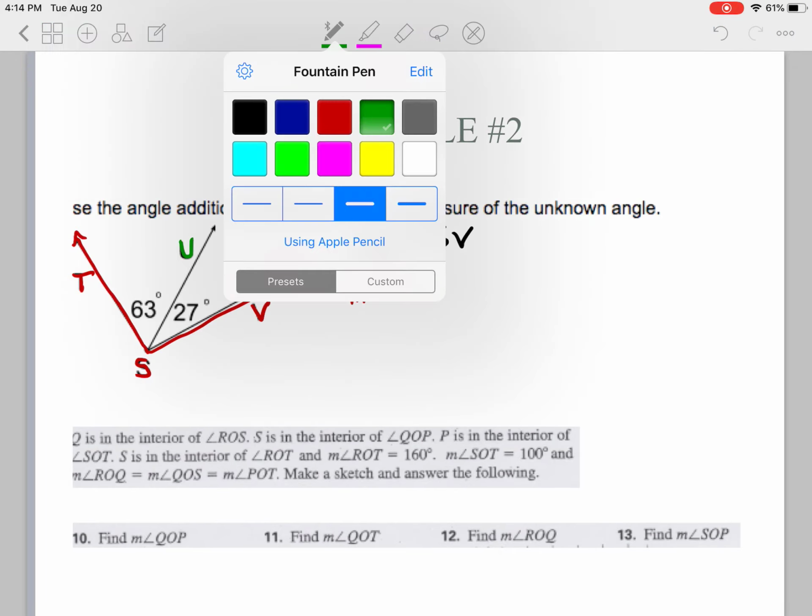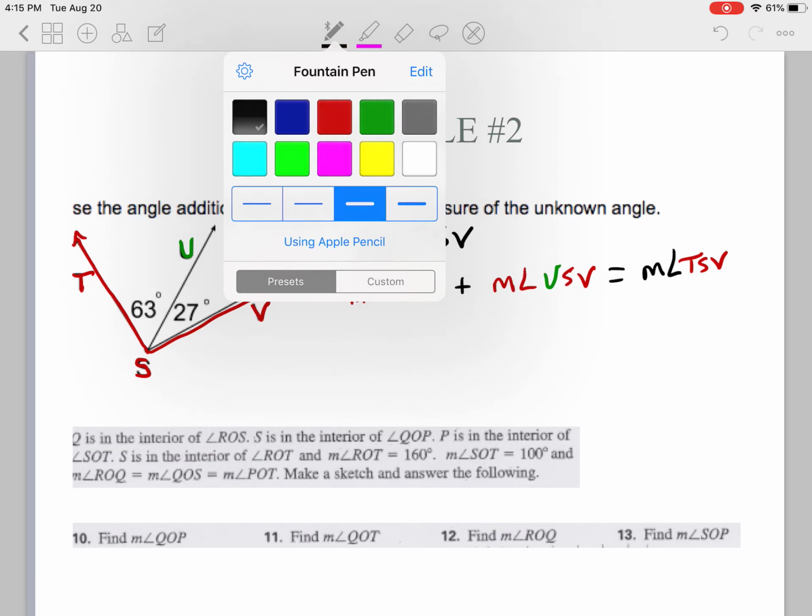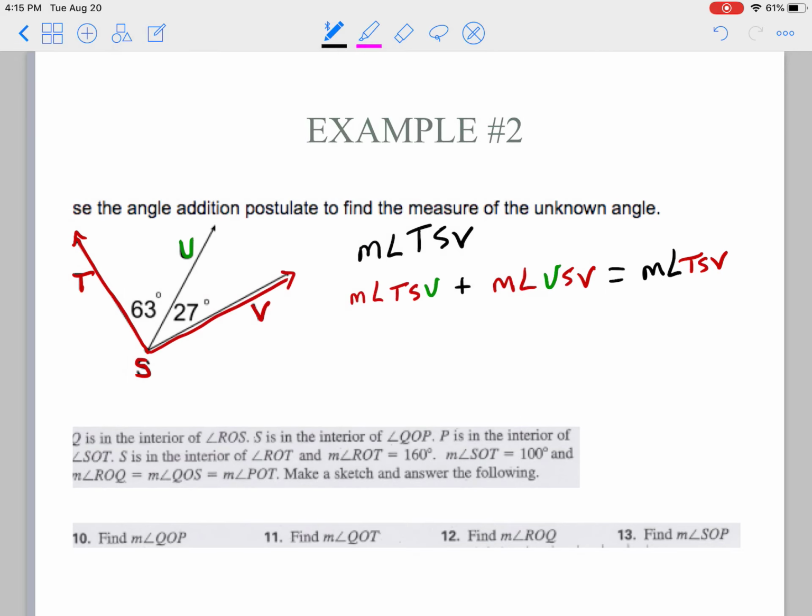So the measure of TSU plus the measure of angle USV will be equal to the measure of angle, the larger, TSV. So now, let's substitute in the values. TSU, I'm sorry, is 63 degrees.